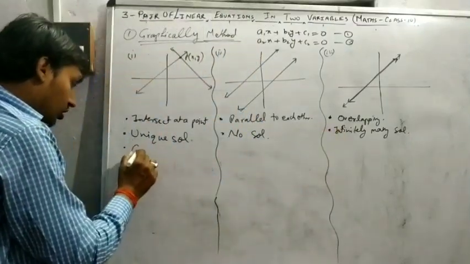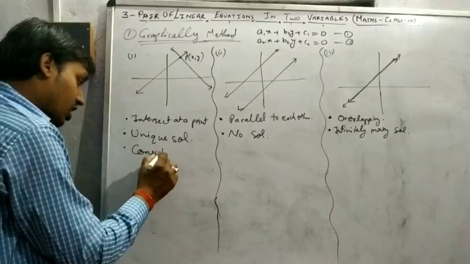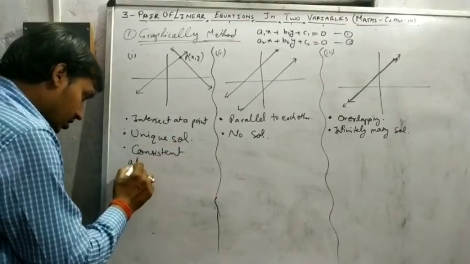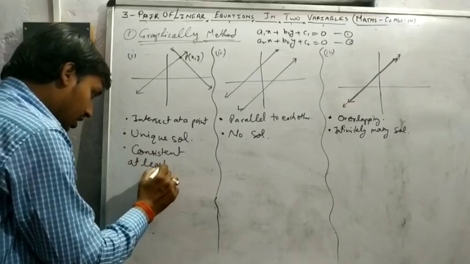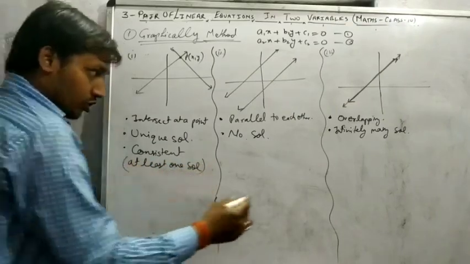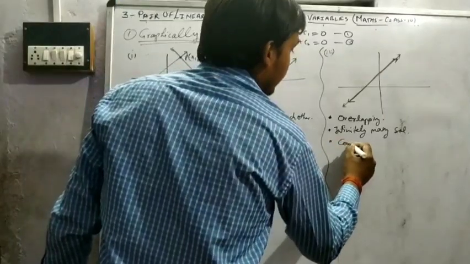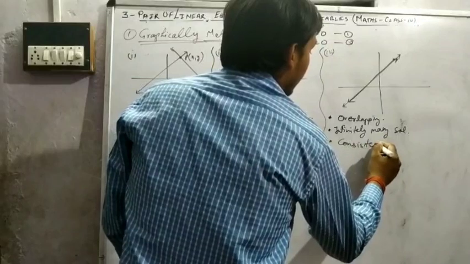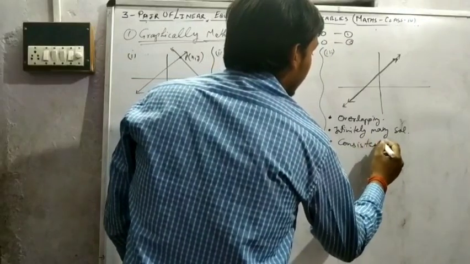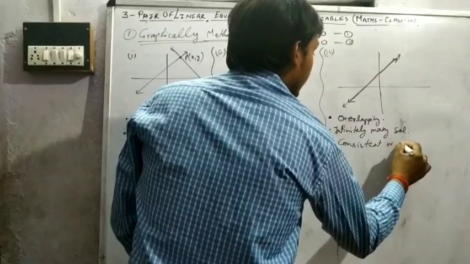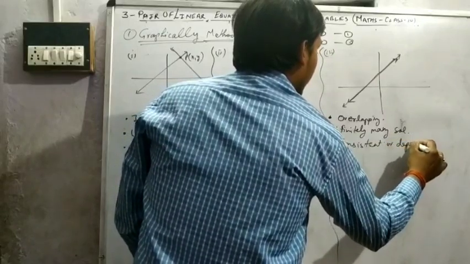It's also called consistent. Consistent means at least one solution. So it's also consistent. It is also called dependent.